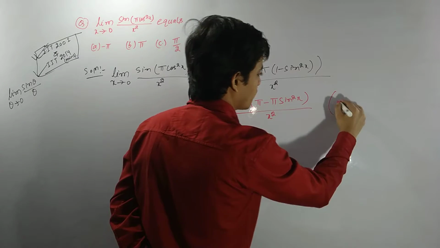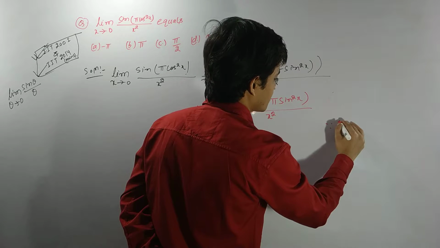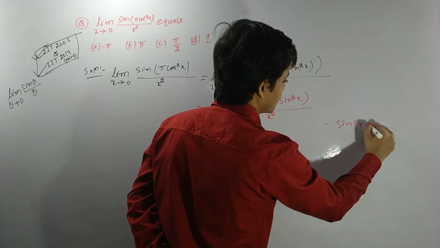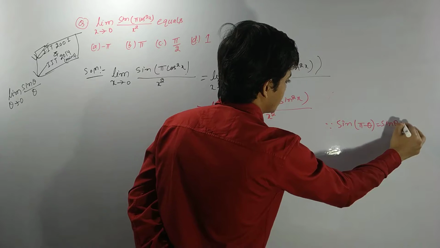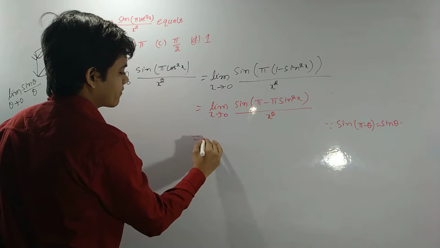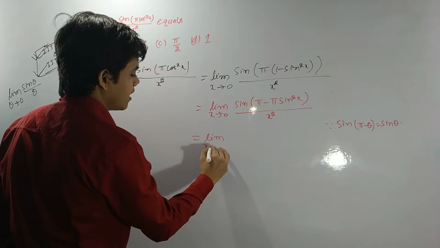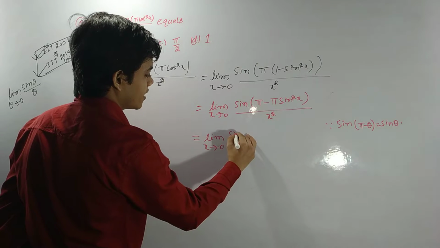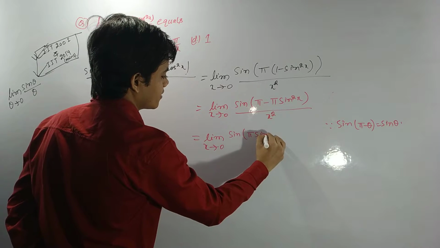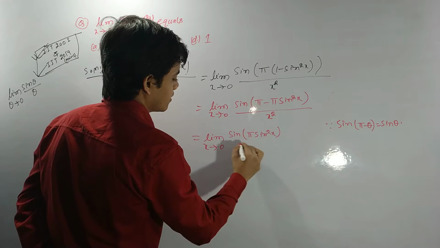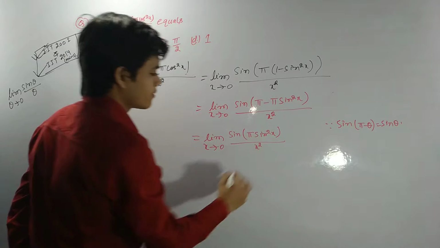And you know one more formula: sine of pi minus theta is sine theta. Therefore, we can write it as limit x tends to 0 sine of pi sine square x upon x square.